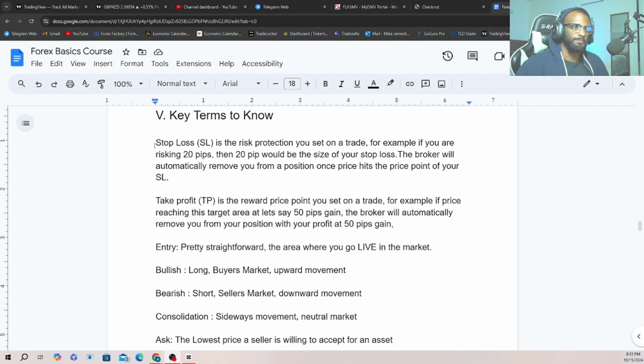Pretty straightforward. So stop loss and take profit are going to be your best friends as a beginner trader because it allows you to predetermine your risk and predetermine your reward.